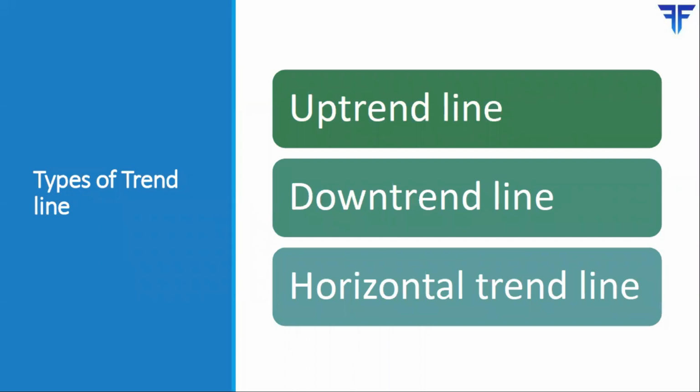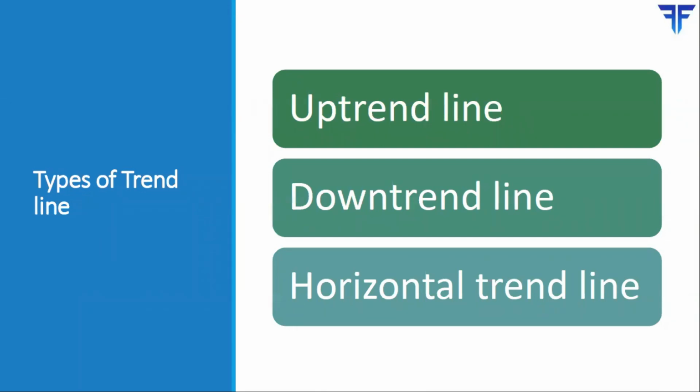As I said earlier, there are three types of trends, namely uptrend, downtrend, and sideways trend. Similarly, there are three types of trend lines that you could construct. These could be an uptrend line, a downtrend line, or a horizontal trend line. Let us talk about each of these in more detail now.